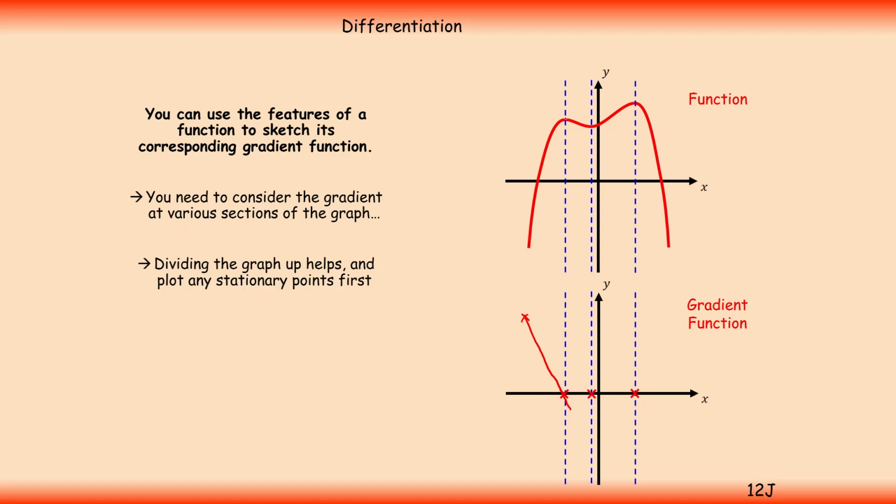And then we look at what happens after the turning point here. It becomes a negative gradient, and quite negative, but it becomes less negative as it approaches the turning point. So somewhere in between, about halfway, we've got a turning point on our gradient graph, and it goes back towards 0.